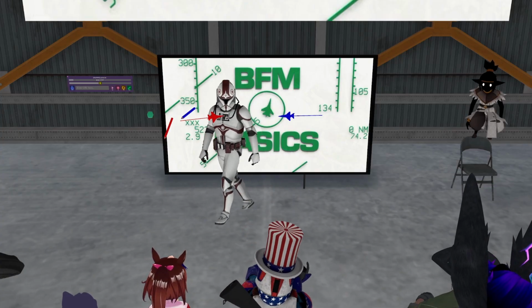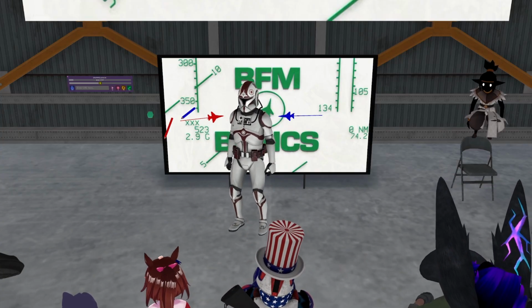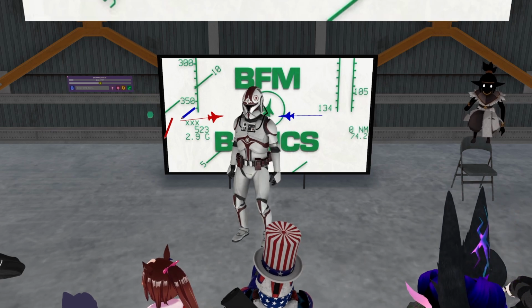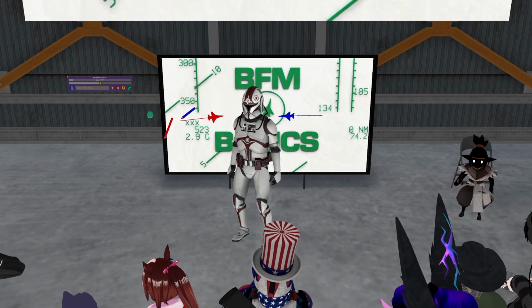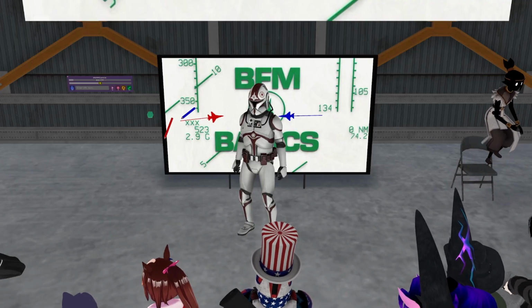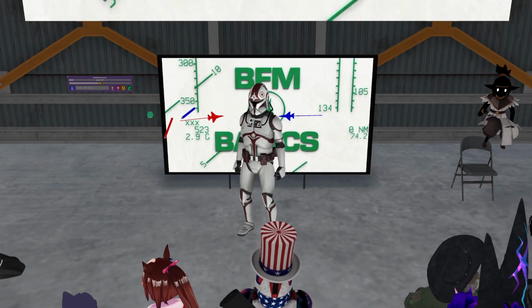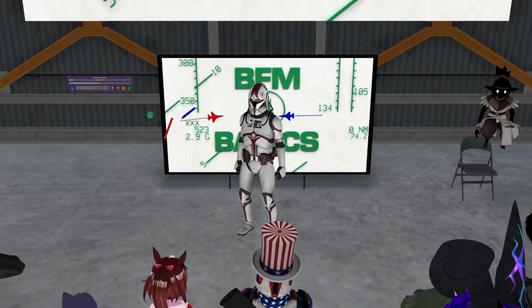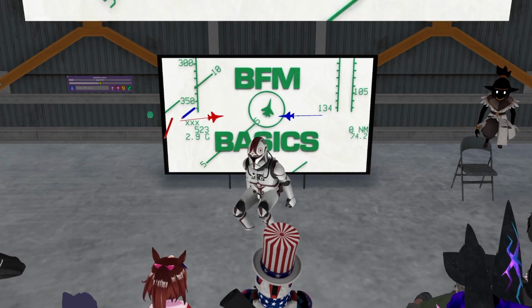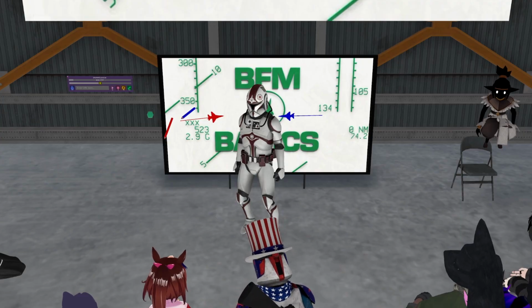We can't just pivot our nose left and right. You must alter the what? The aerodynamic. With elevators and aileron. Okay, that's a very complicated way of just saying you need to roll the aircraft.